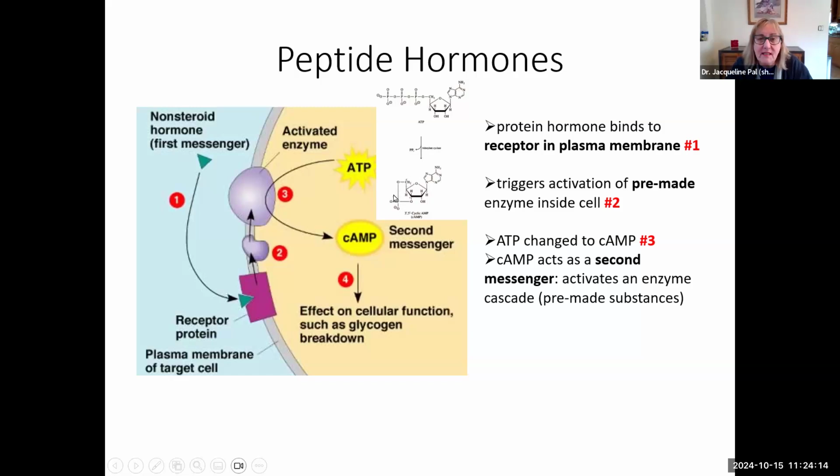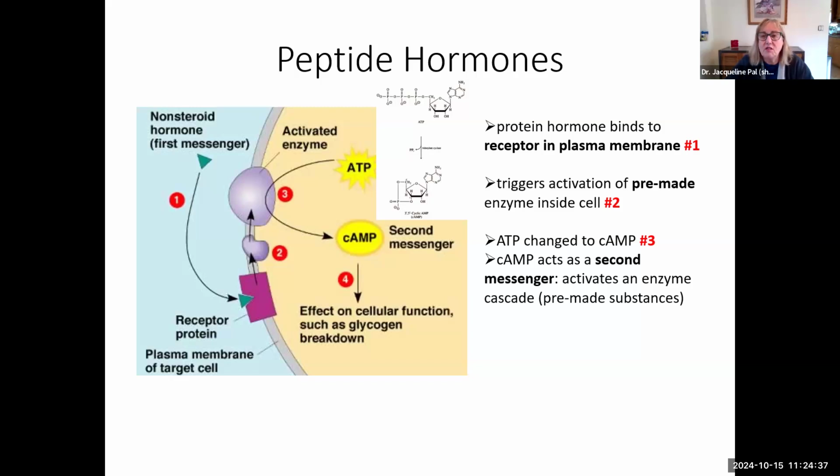And what happens is the AMP forms this little circle thing here. So it forms something called cyclic AMP, which we abbreviate little c, capital AMP. And cyclic AMP is what we call a second messenger.